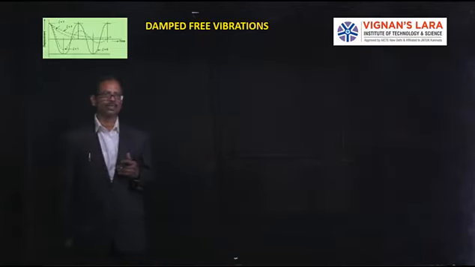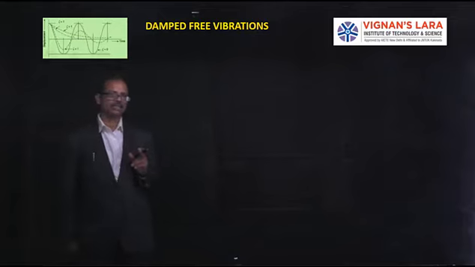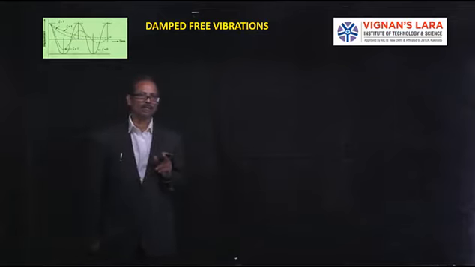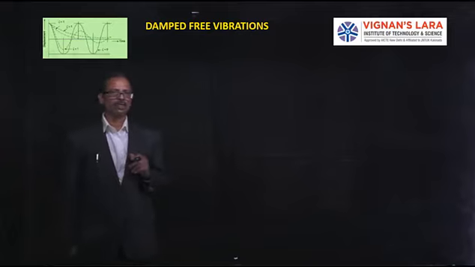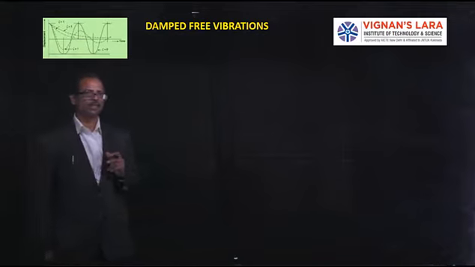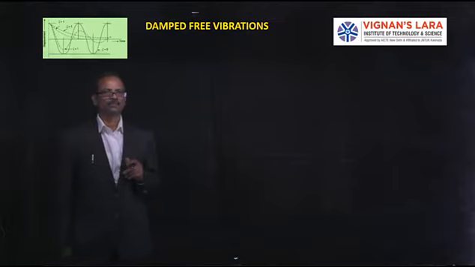Damped free vibration. Recall the classification when we categorized vibrations in two ways. One is called free vibration and another is called forced vibration. The difference is, in free vibration the force is given initially to vibrate the body, and subsequently no external force is added to continue the vibration.